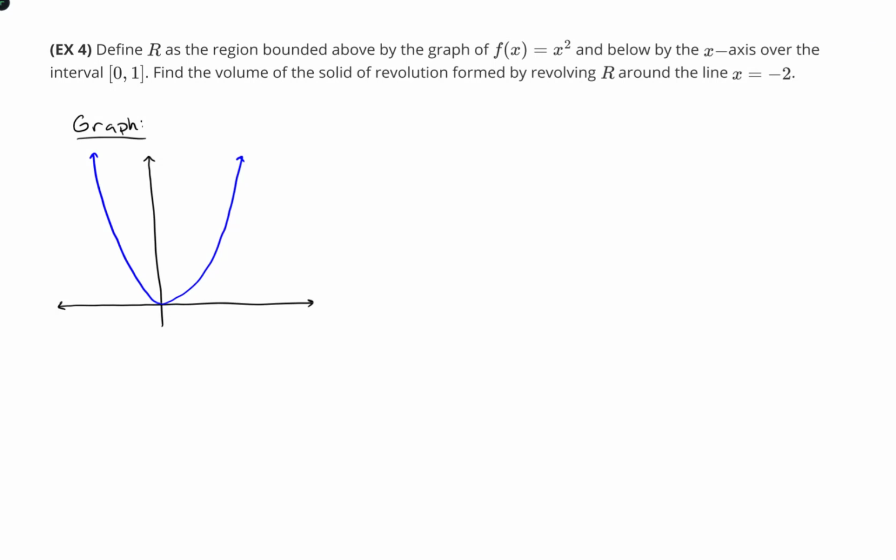We're bounded below by the x-axis, so that's there. And we're on the interval from 0 to 1, so let's just say this is 1 right here. All right, so there's my region.